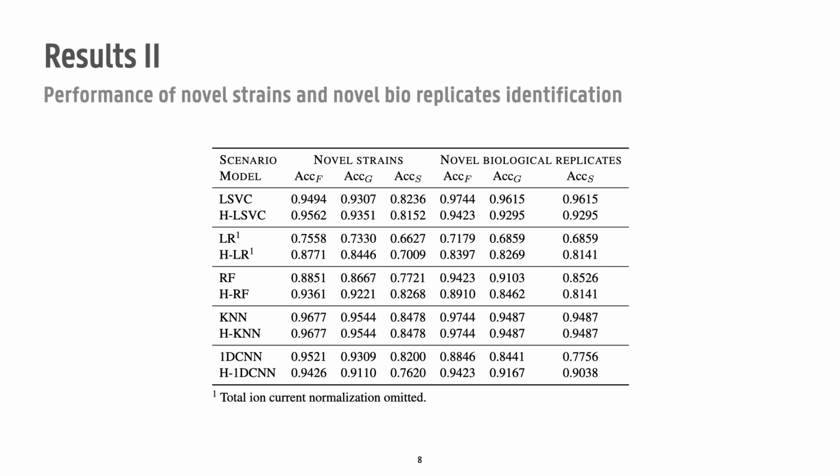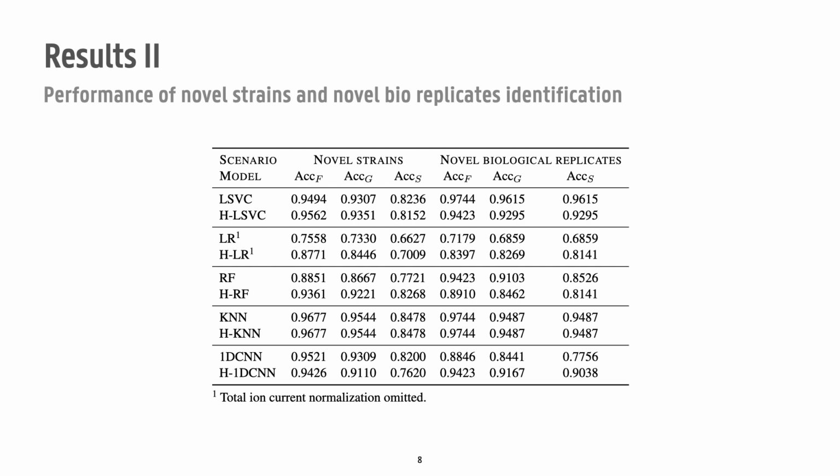In the next set of experiments, for each model, we consider a flat and hierarchical classifier and report performance on 3 phylogenetic levels: family, genus, and species for the novel strains and novel biological replicate scenario. For all models, we consider a bin size of 5 and both transformations, since this combination gave rise to the best performance in the previous experiments. In the novel strain scenario, k-nearest neighbors outperforms the other models with an accuracy of 84.78%.